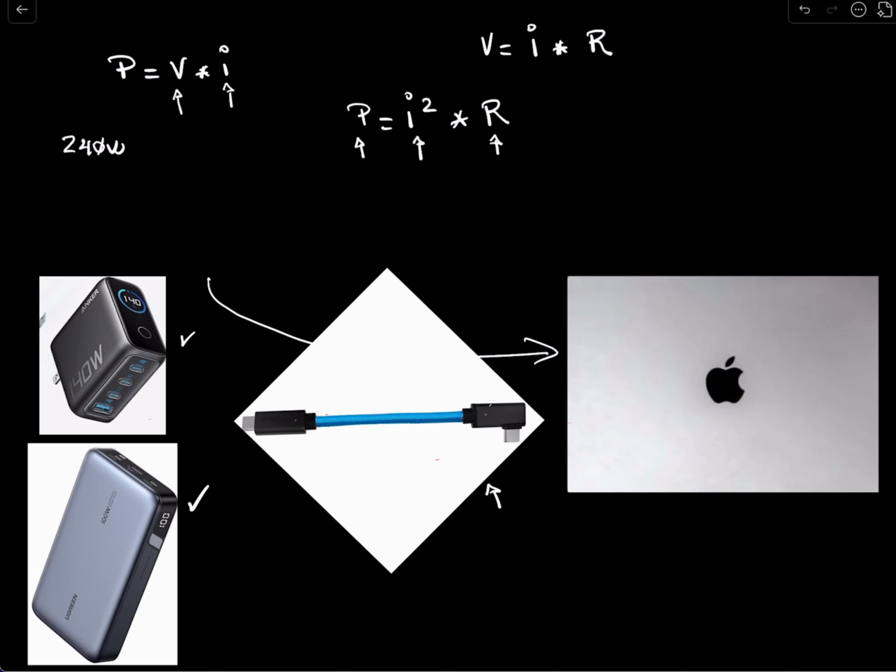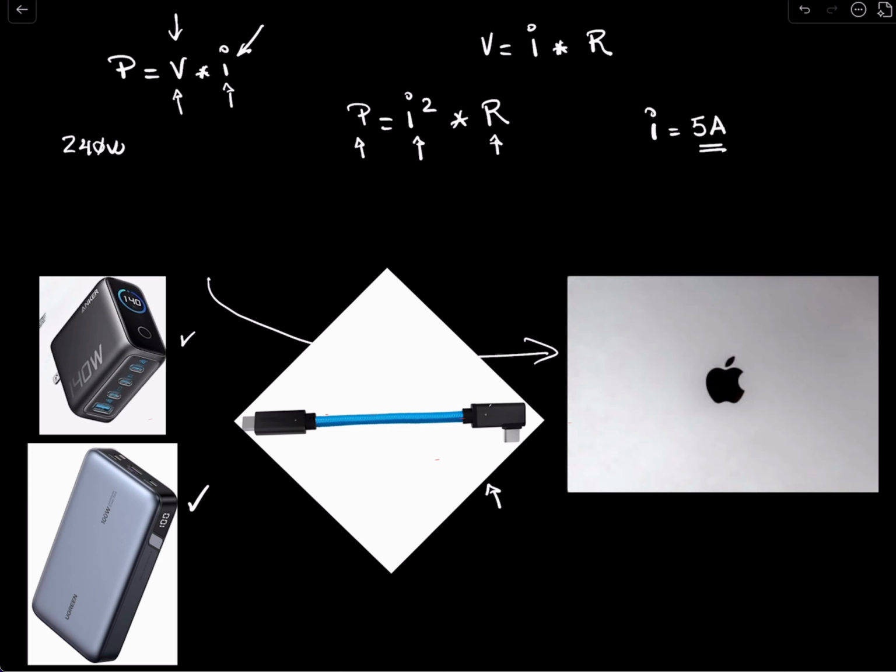So in today's USB-C standard, typically the max that you can go in current with this size of copper wire, that we want to keep small, even with the best quality, is actually 5 amps. Well, if I'm limited here on the I, maybe I can increase the V, and that's how power delivery gets where we want it to be.